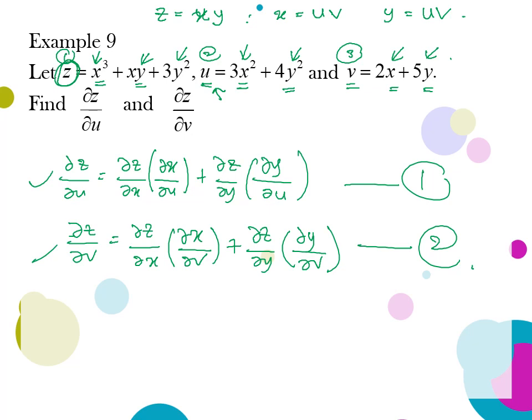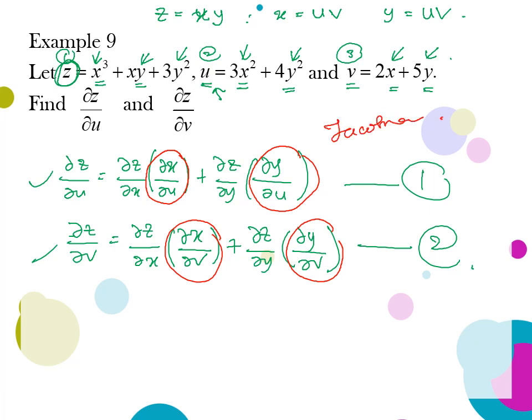Here, once you have formulated the chain rule, please take note that in order to find these, you need the Jacobian.